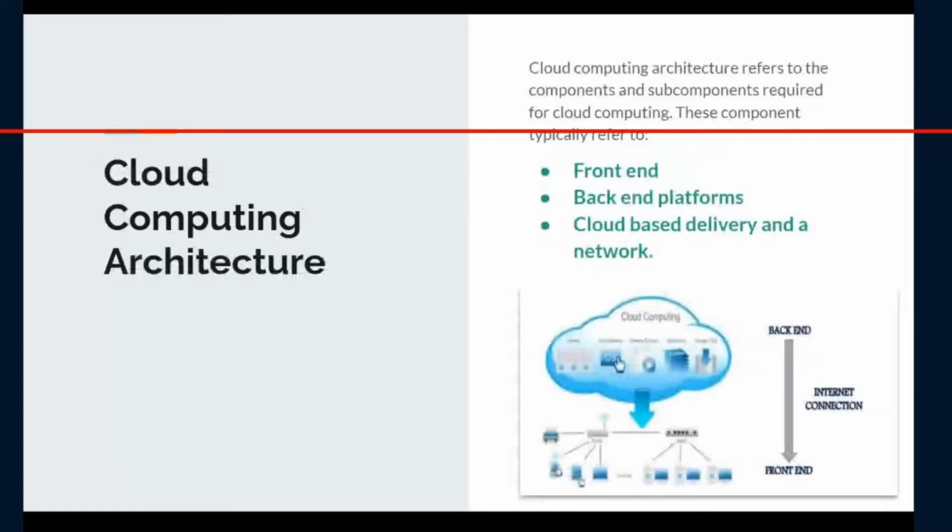Cloud computing architecture. As we know, cloud computing technology is used by both small and large organizations to store information in the cloud and access it from anywhere, at any time, using just an internet connection.